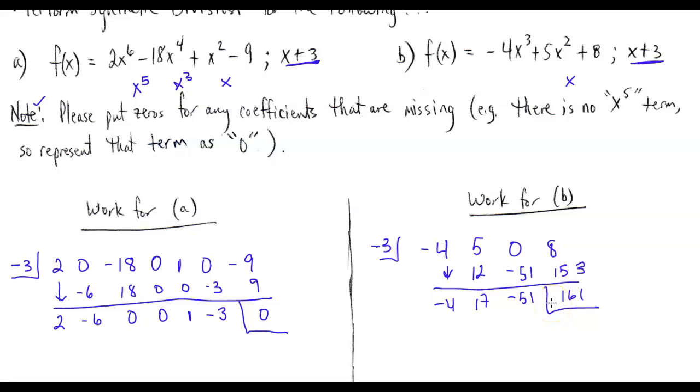So we see how to actually perform synthetic division on polynomials that don't necessarily have all of the terms present, based upon what the leading term of the polynomial is.